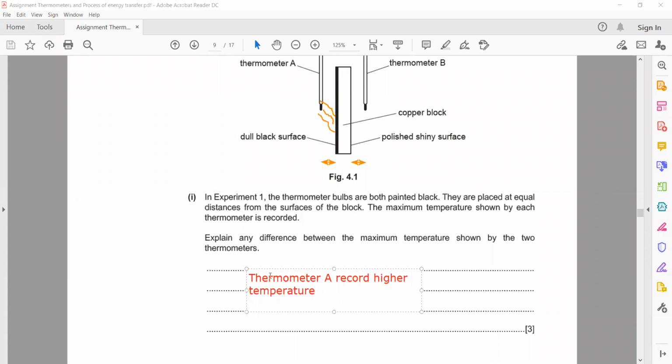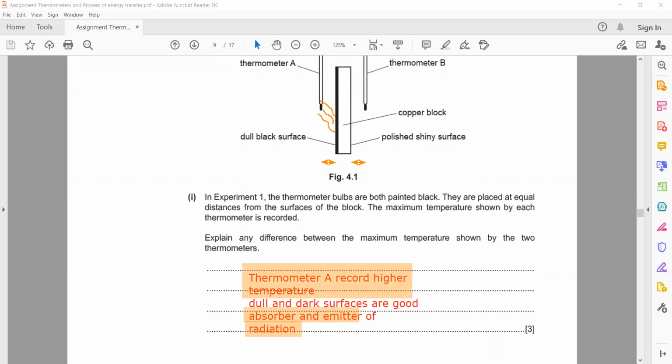The second mark is because dull and dark surfaces are good absorbers and emitters of radiation. So how do you score the third mark? Actually by mentioning they are good absorbers of radiation. So radiation will give you 1 mark, absorber and emitter give you the second mark, and A records a higher temperature will give you the third mark.